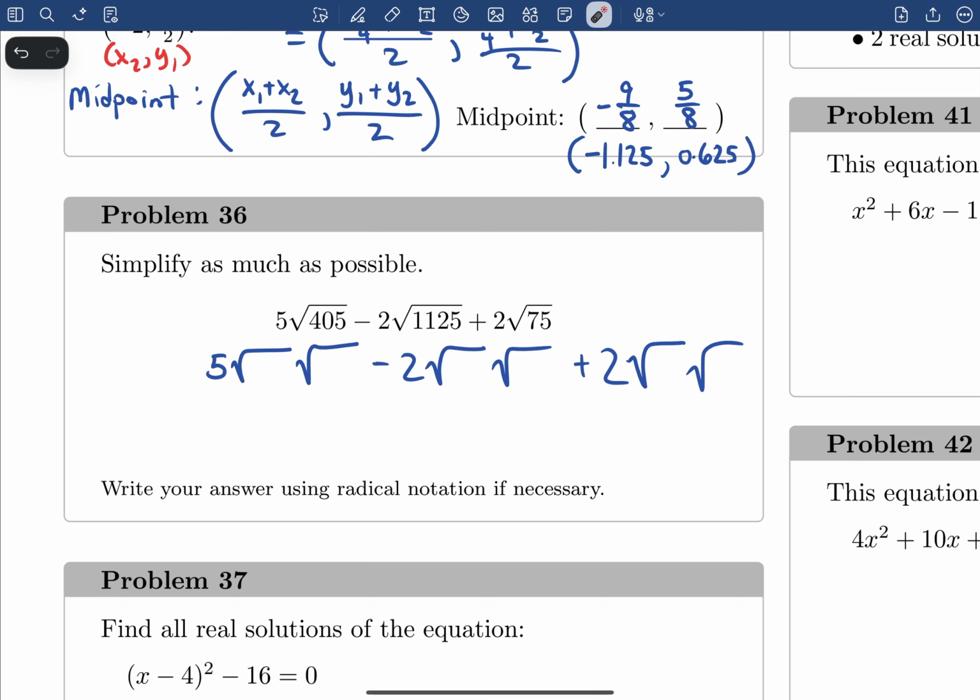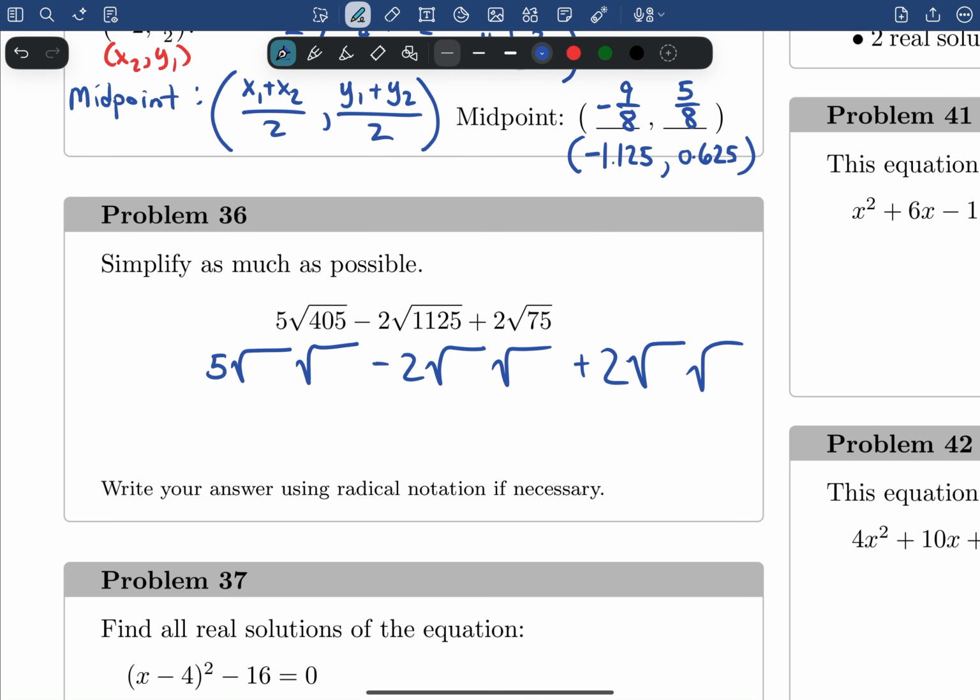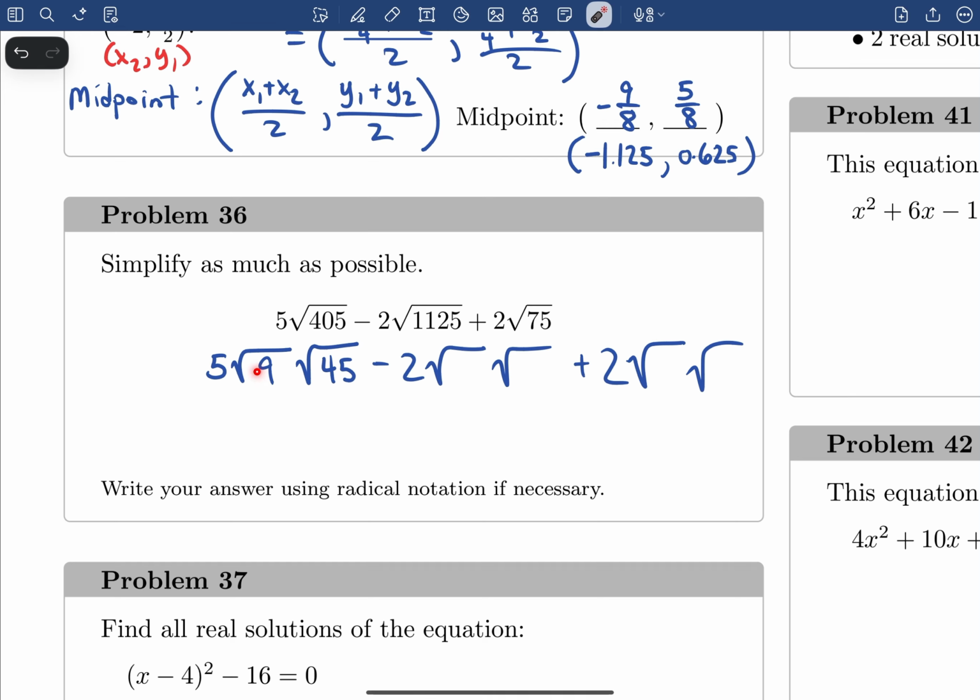And so I take 405 and I could divide it by my perfect squares, like 4 and then 9. And when I divide it by 9, right, I get, it's 9 and 45. So I was able to break things down into 9 and 45. Why did I do that? Because 9 is a perfect square, and 45 is what I have kind of left over right now.